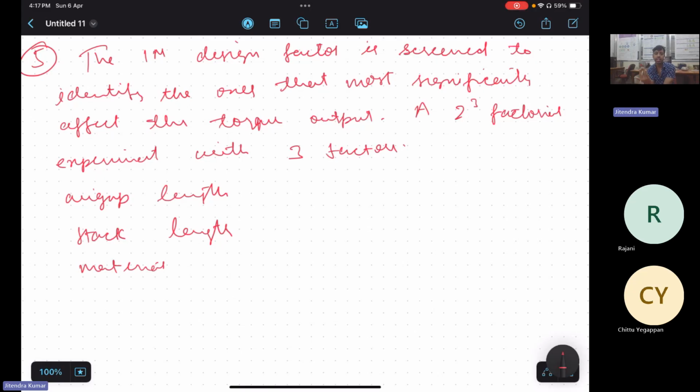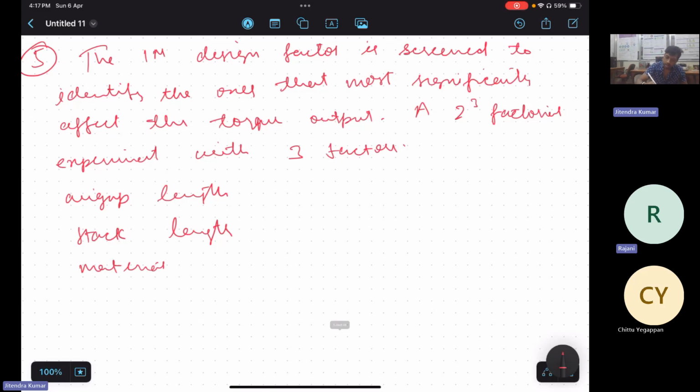And that is leading to a higher torque. So if -1 corresponds to air gap length, the air gap has a lower value. -1 means low value and +1 means high value. Here we have to read it like that. So low air gap is better for electromagnetic performance. On the other hand, low stack length will give you low torque.